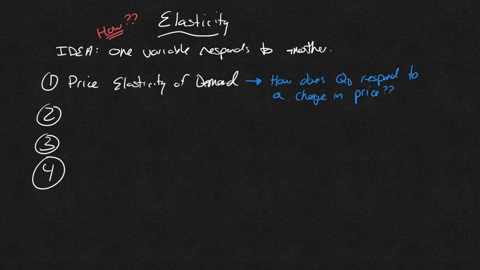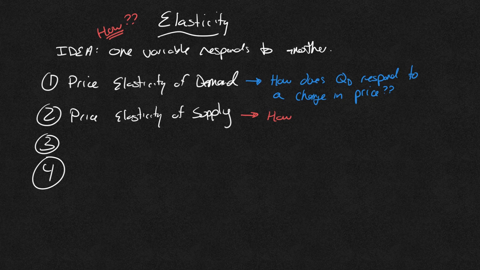Now, the second one is very similar. It's the price elasticity of supply. What exactly is the price elasticity of supply? You might be able to figure this out by pattern recognition, but that is, how does the quantity supplied respond to a change in the price of that product?